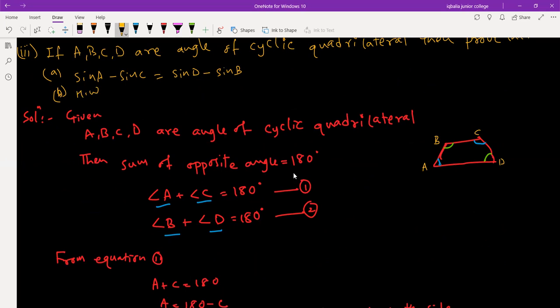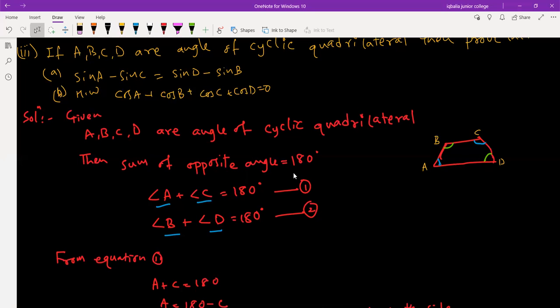So you have to solve question B. The question is cos A plus cos B plus cos C plus cos D is equal to 0.